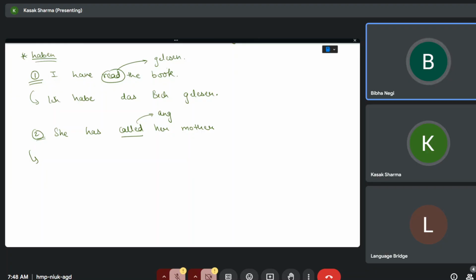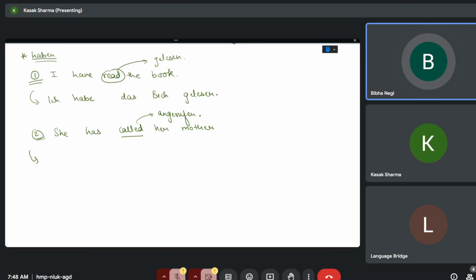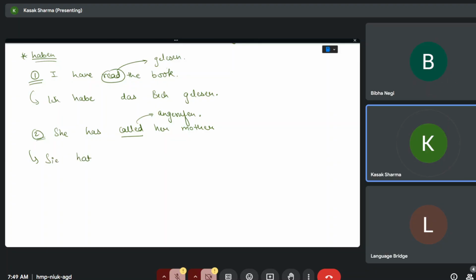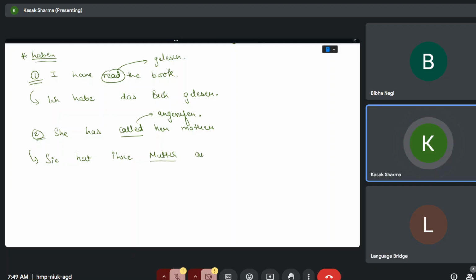Angerufen, correct. Anrufen takes haben as the helping verb. So try to translate this one. Sie hat, conjugation, ihre Mutter, feminine, angerufen.